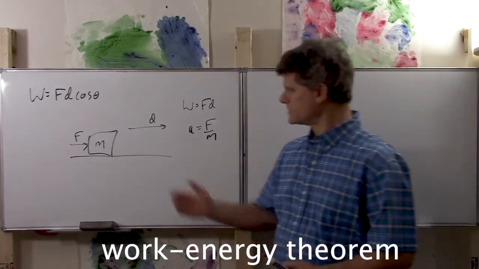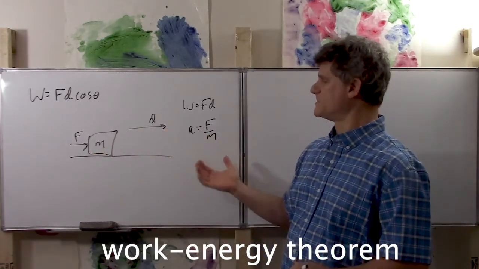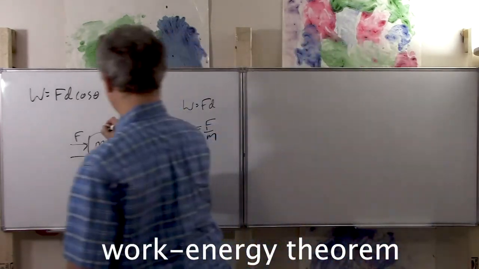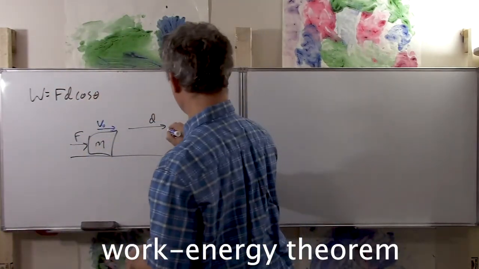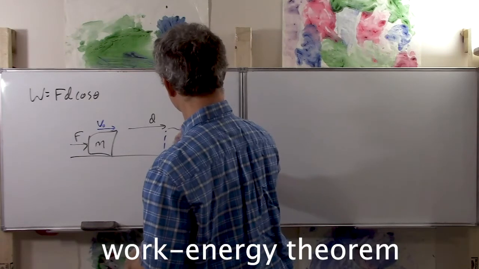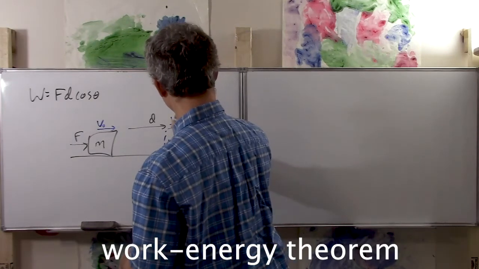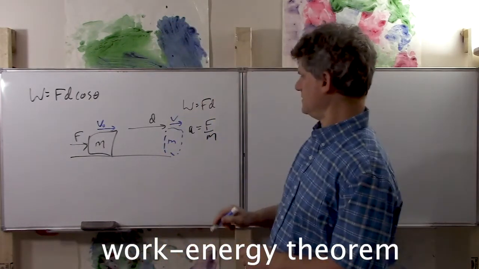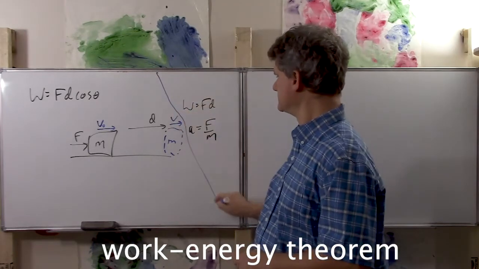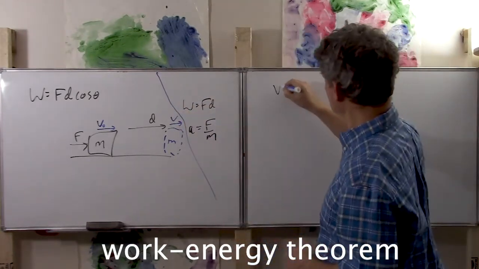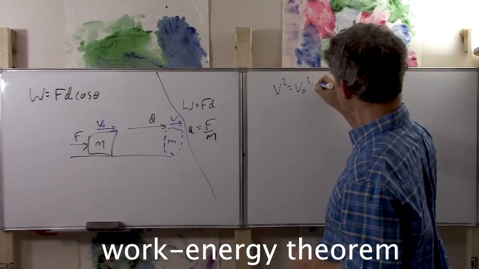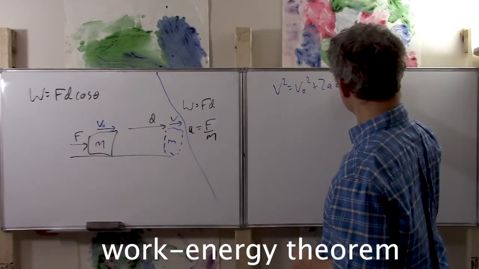And we can consider how fast it's going to end up, or how much speed it's going to gain. So suppose it's starting with some velocity v0, and it ends up over here, there's the mass, with some final velocity v. What's the final velocity? Well, we could use the equation v squared equals v0 squared plus 2a delta x.